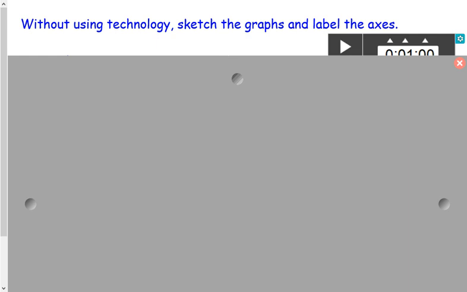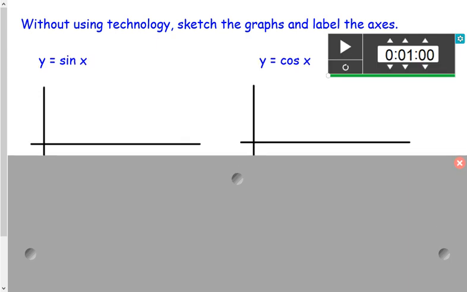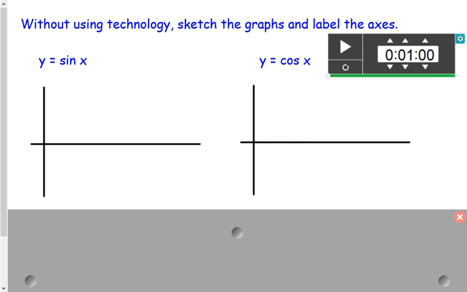But I want to push us towards recognizing these graphs fairly quickly. So you should have a piece of paper handy. I'll wait till we have paper out, ready to sketch. y equals sine x, y equals cos x.